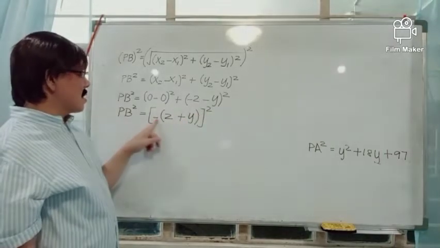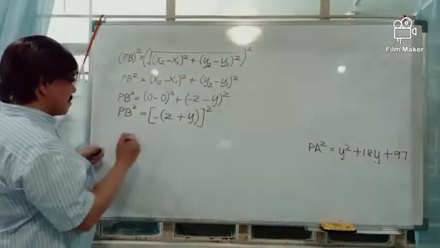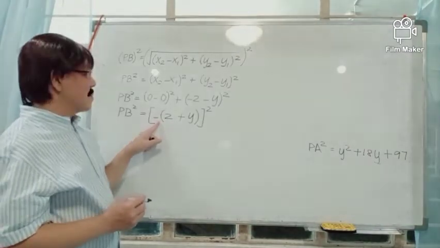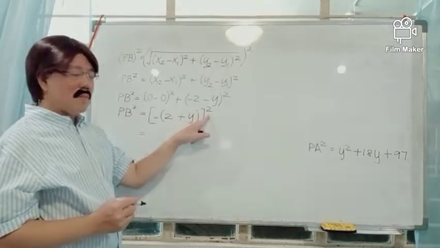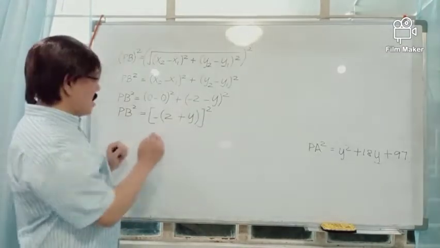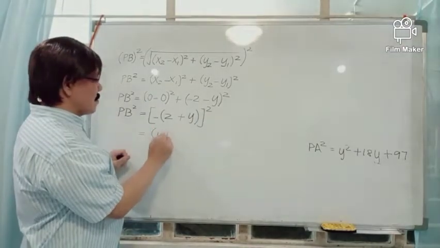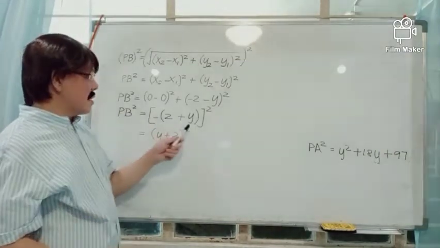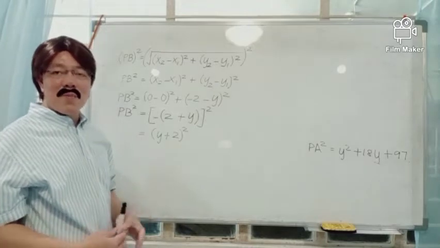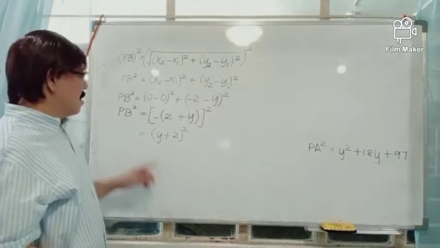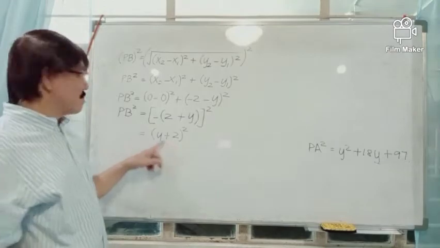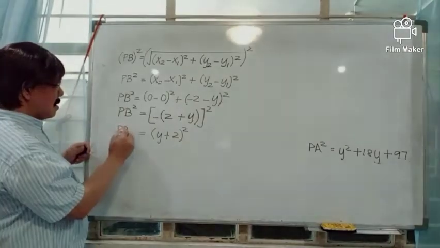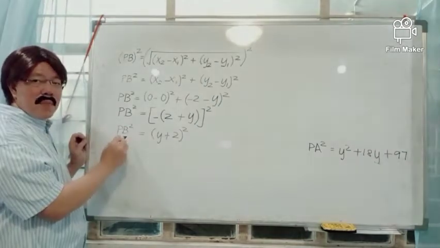So the square of negative of 2 plus y equals the square of negative 1 is positive times the square of 2 plus y, which I will write as y plus 2 squared. 2 plus y again is equal to y plus 2 by commutative property of addition. And this is the square of the distance between the points P and B.